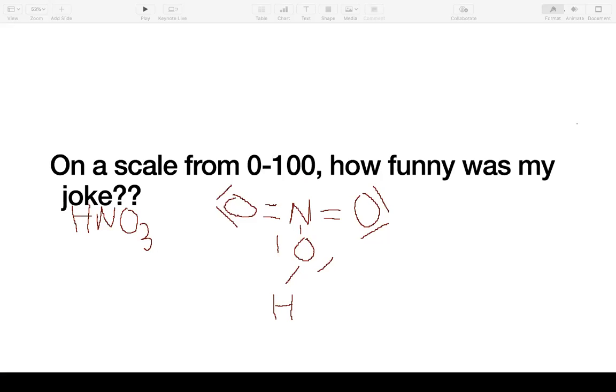Well, remember each lone pair, each bond counts as 2. So how many electrons are attached to that nitrogen? Oh, okay. Yeah, there's 10. Okay, so that plus 52 thing worked.